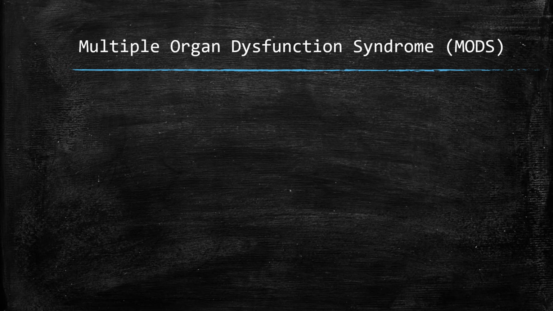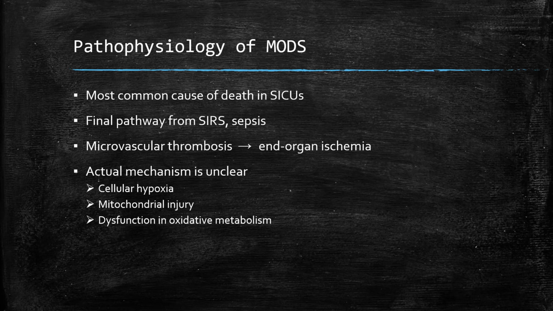If the septic patient isn't treated early or doesn't respond to antibiotics and source control, the inevitable result is multiple organ dysfunction syndrome. Multiple organ dysfunction syndrome, or MODS, is the most common cause of death in surgical ICUs. And MODS represents the final common pathway from both SIRS and sepsis.